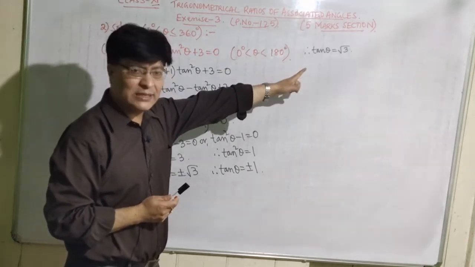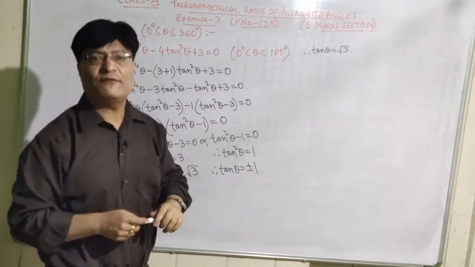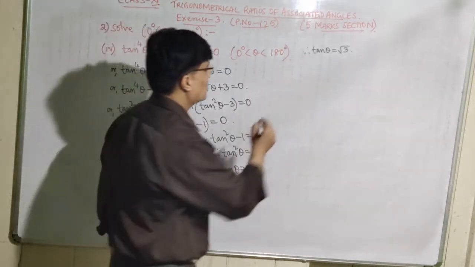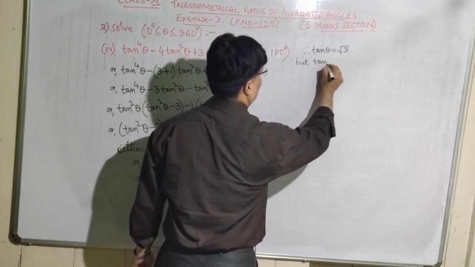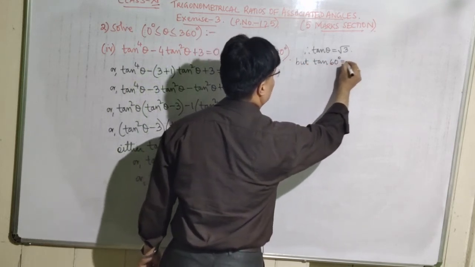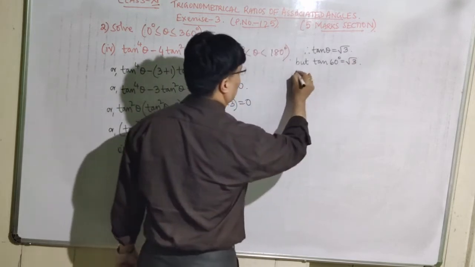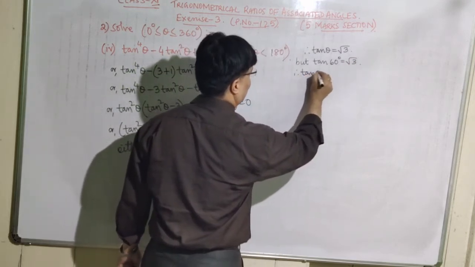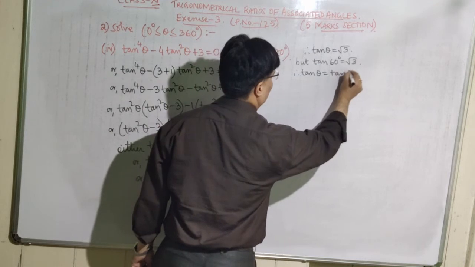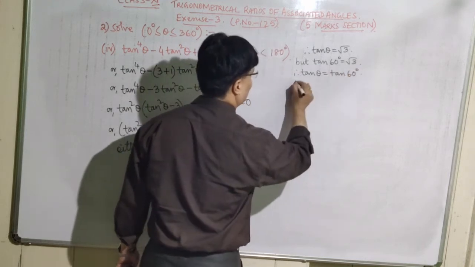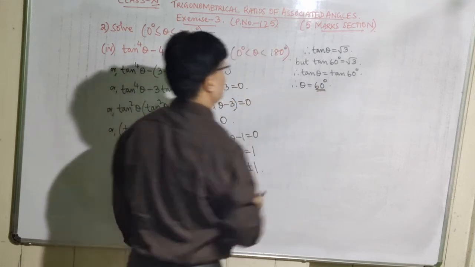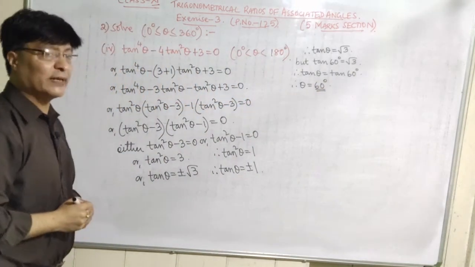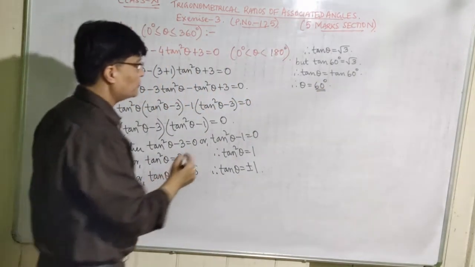That means in this case you find the angle in the first quadrant only. Tan of which angle is root 3? Tan 60 degree is equal to root 3. Therefore, tan theta is equal to tan 60 degree, so the value for theta is 60 degree. So we have got one of the answers, right?